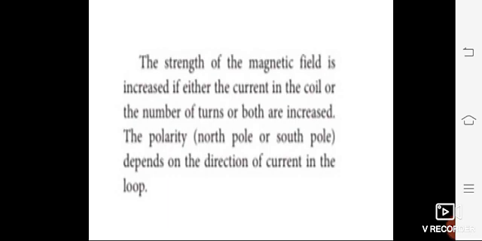The polarity depends on the direction of the current in the loop. The magnetic field has a polarity, a north pole and a south pole, and it also depends upon the direction of the current in the loop.